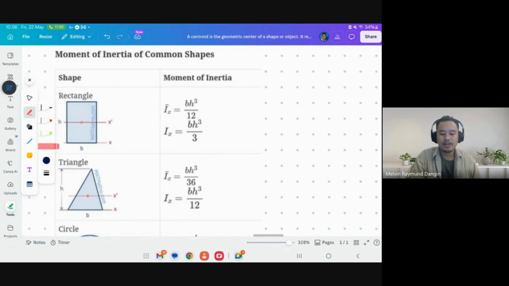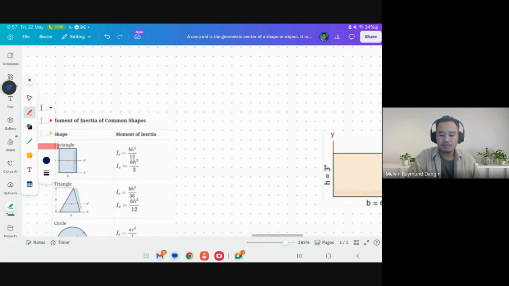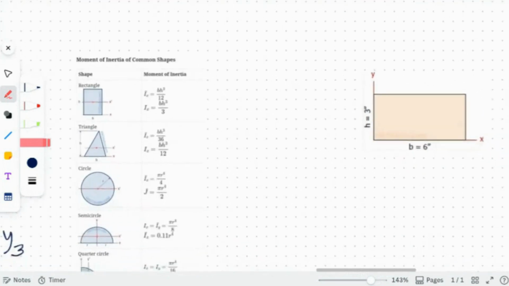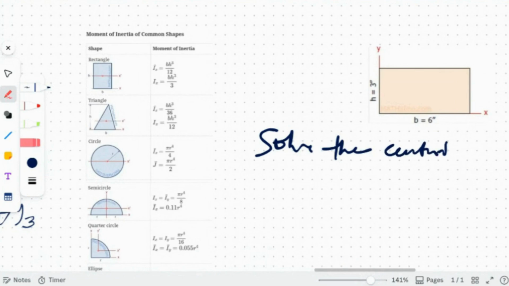So let's try that with this first problem. First we will solve the centroidal moment of inertia.